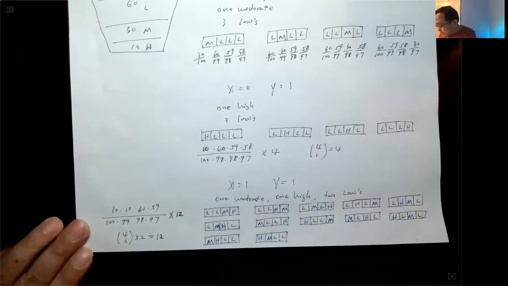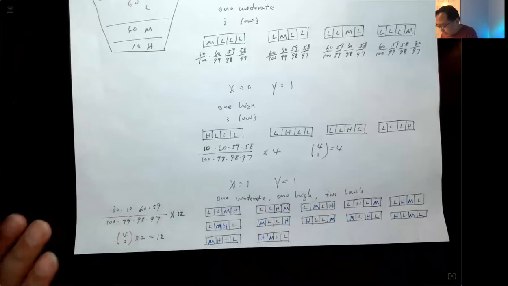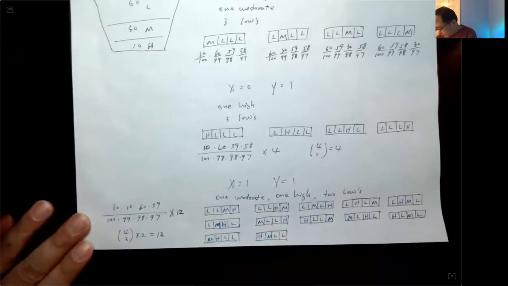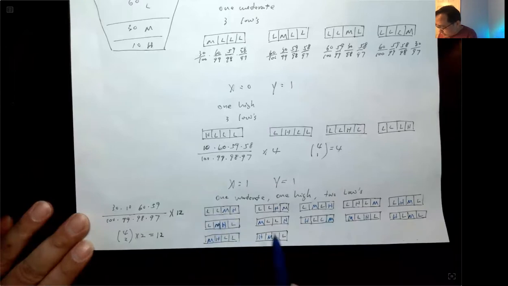But is there another way, without explicitly counting how many combinations? Is there any other way to get this number 12? Well, you think about LL, how I place low, low into those four locations.